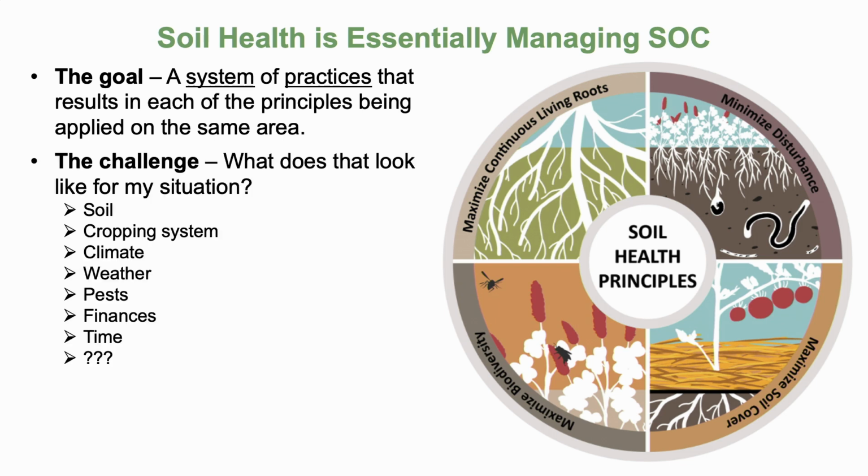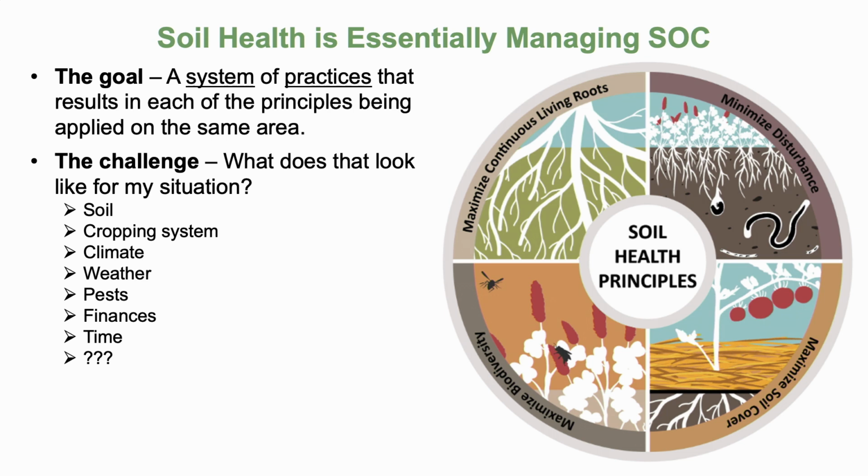So here's the challenge, though. That's just 4 things. The 4 things that we do, principles we call them, or concepts or goals, is that every farm represented here looks different. Not only physically and biologically is it different, but you have different constraints that you're operating under. You have different goals and objectives.